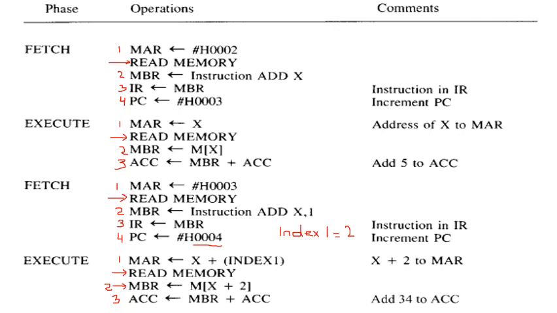In step number 3, the data of memory location x plus 2 that is stored in MBR will be added with the accumulator and the result will be saved in the accumulator. So it will be step number 3. In this way the instruction execution process will be performed for the instruction add x1.